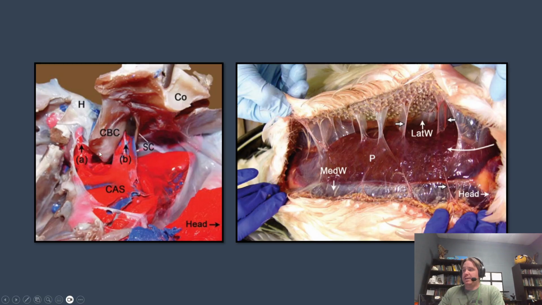This picture on the left is from the same paper, which is this anatomical study of the northern gannet. It's showing something really, really cool here. First, this red filled space is the clavicular air sac. And what you see is where this A in parentheses is, it's going up and reaching the humerus.